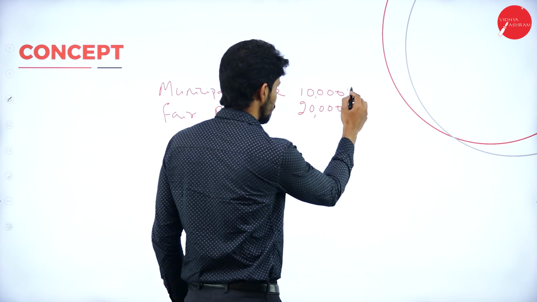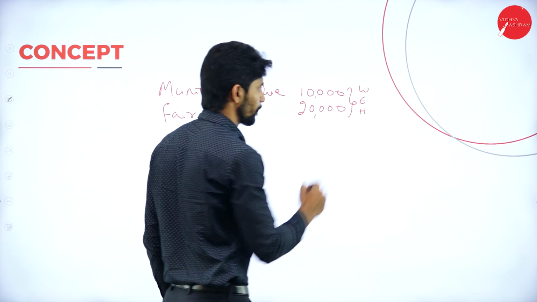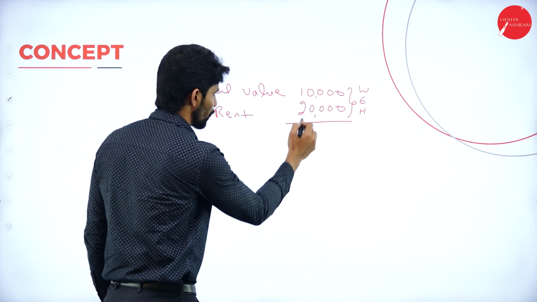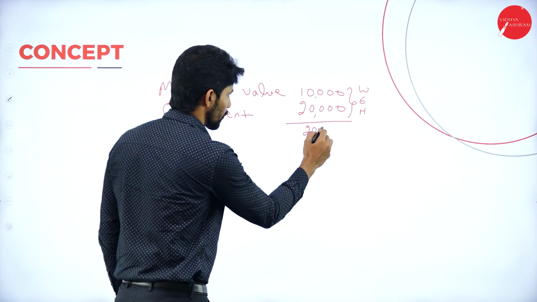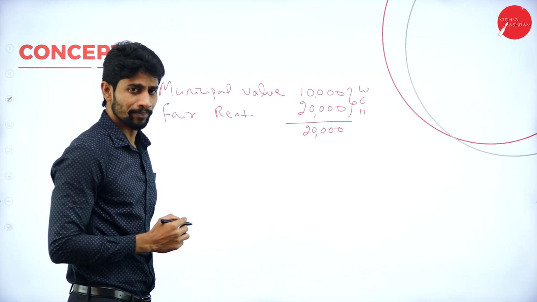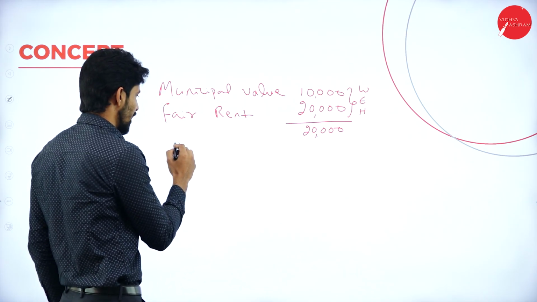First, in these 2, whichever is high. In these 2, which is the highest value? 20,000. Okay, rupees 20,000. Compare this 20,000 with standard rent.